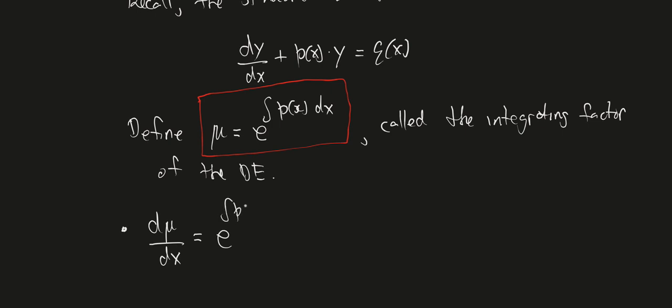But then the chain rule says I have to multiply by the derivative of what's in the exponent, the derivative of that antiderivative.